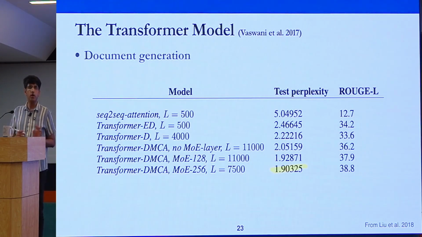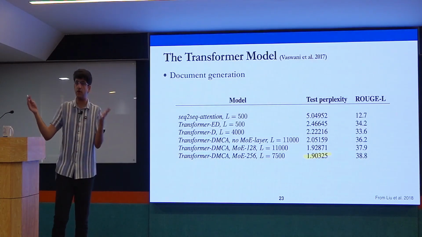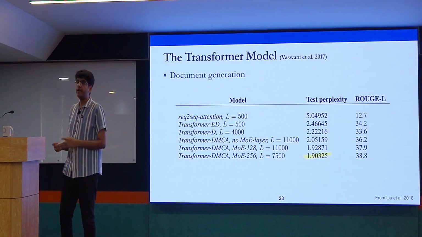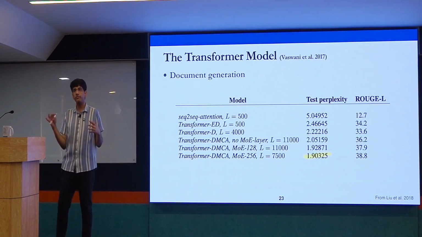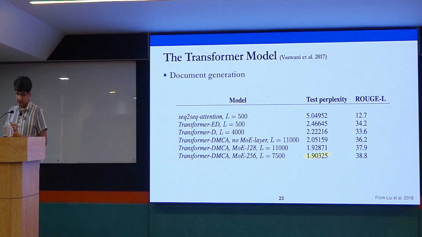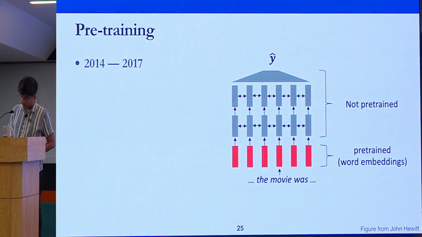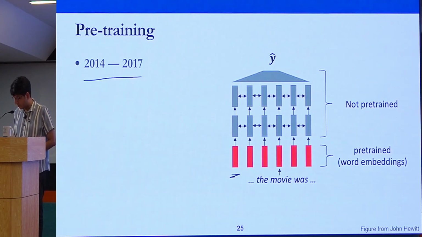Which is why people thought, why only use transformers for just translation or document generation? Can I train it on the entirety of my internet data? That is what gave rise to pre-training. Earlier, the concept was that we would only pre-train the words.